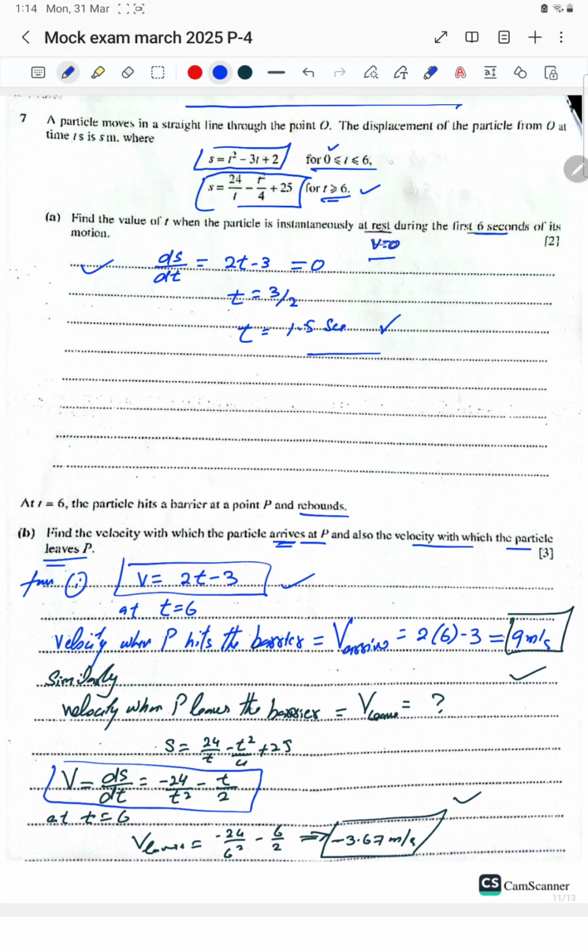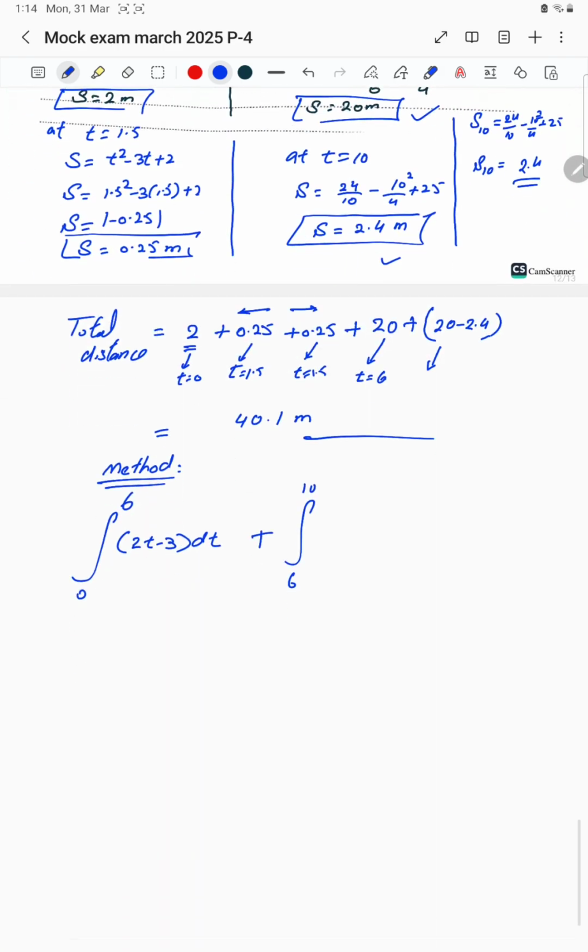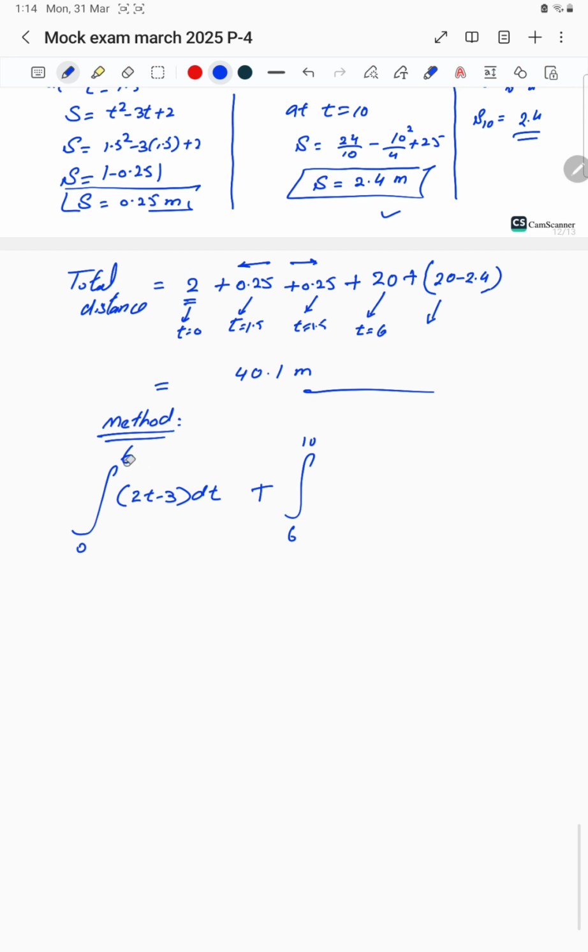So we need to divide the first time into 0 till 1.5, then 1.5 till 6, and next will be 6 till 10. Okay, 0 till 1.5, and then 1.5 till 6.